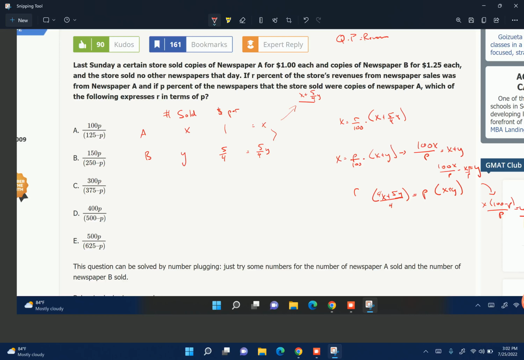So I can plug in for Y and make things cancel. So this is already getting to be a nightmare, but I have Y equals all this stuff, so I'm going to put that in.